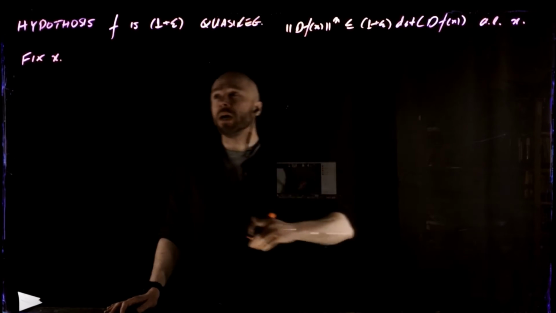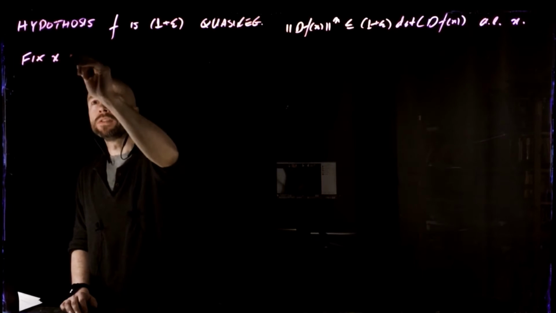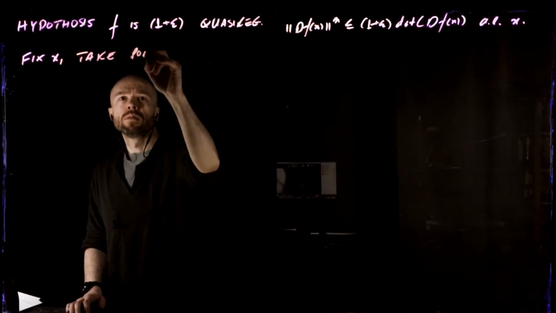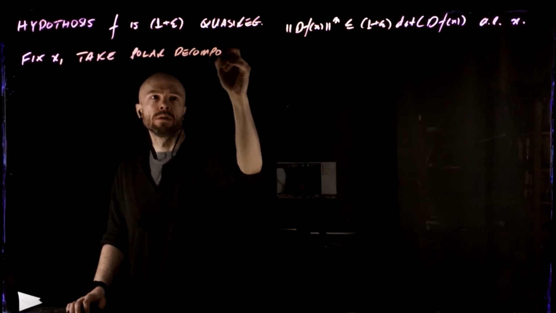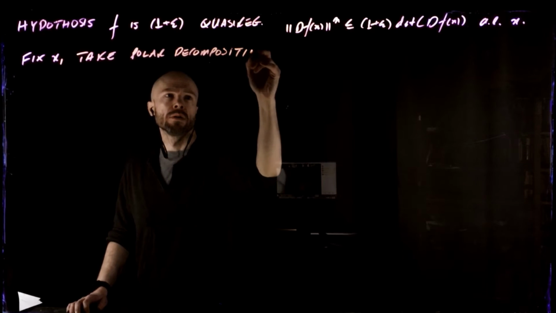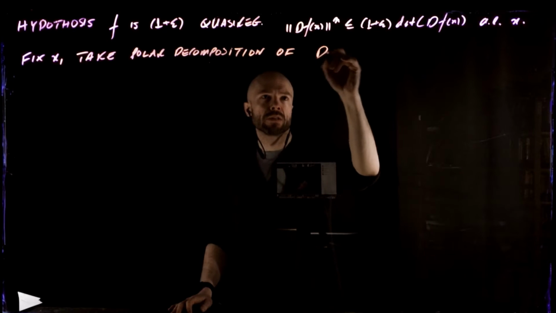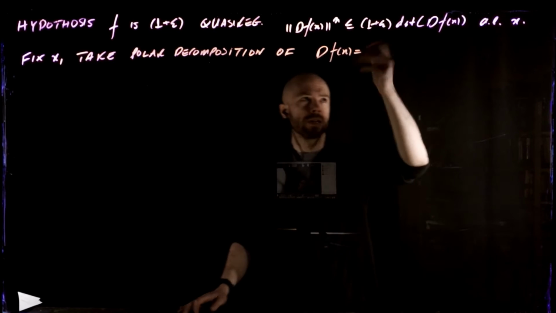And so we can just take the polar decomposition of this matrix. I'm not going to write the dependence on x because x is fixed.